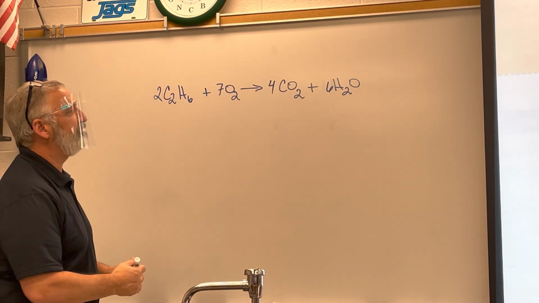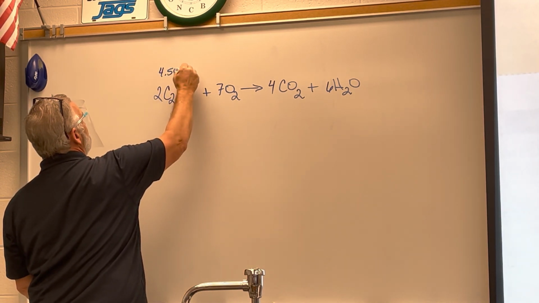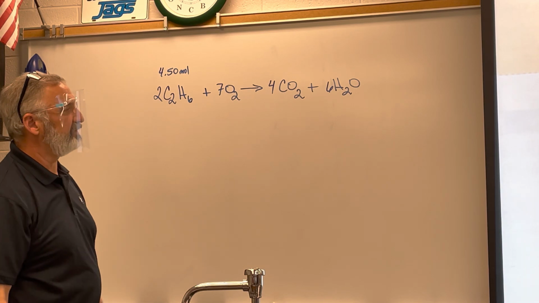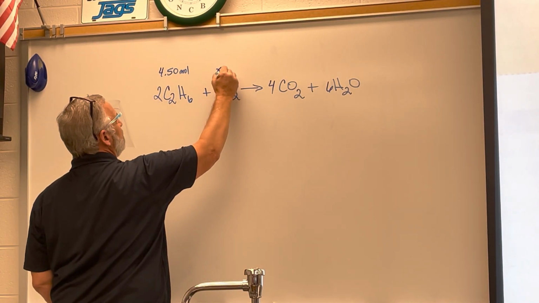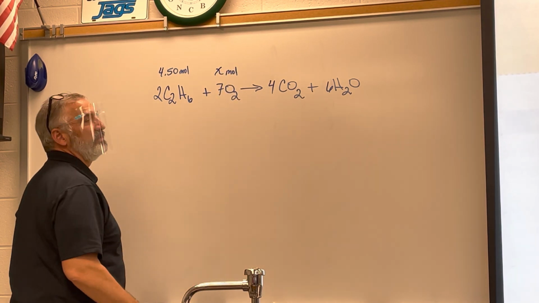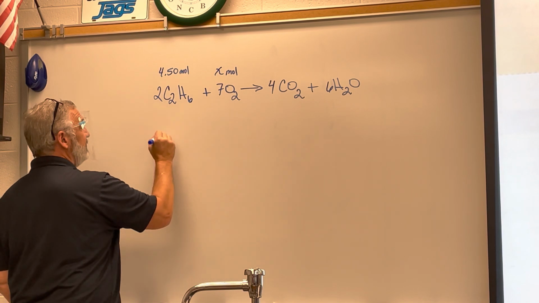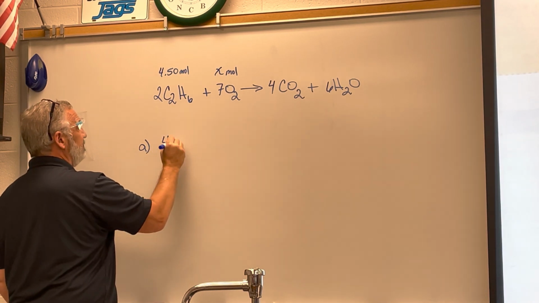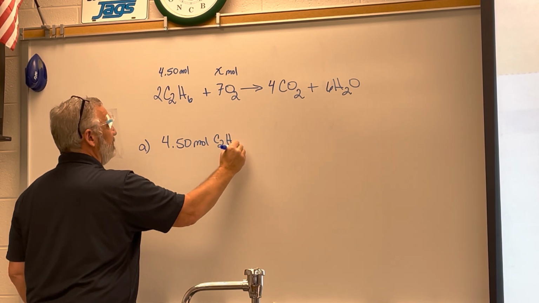So, I have 4.5 moles of this. What's the question asking for first? How many moles of oxygen? So again, it's just moles to moles. So I start with my given, 4.5 moles of ethane.